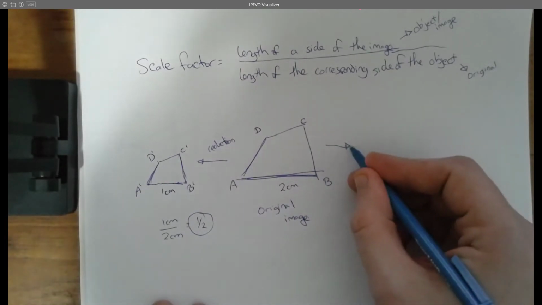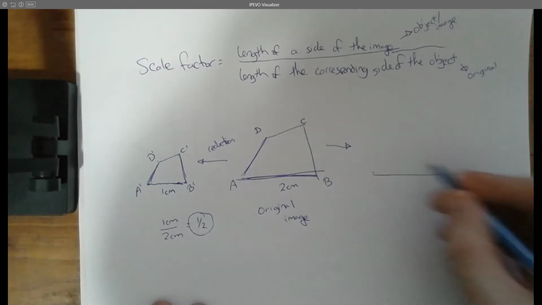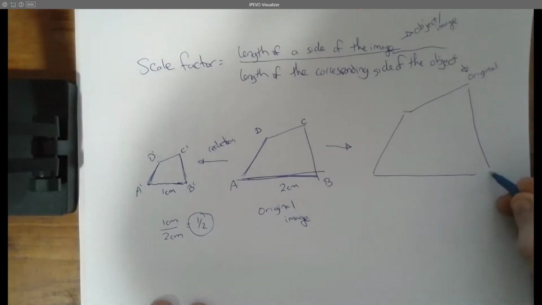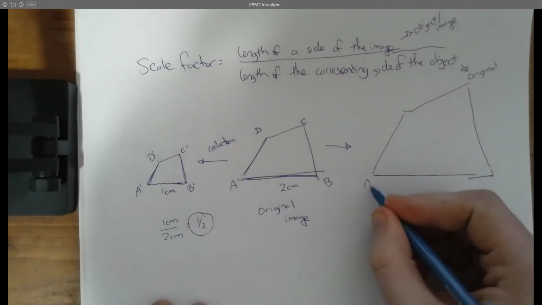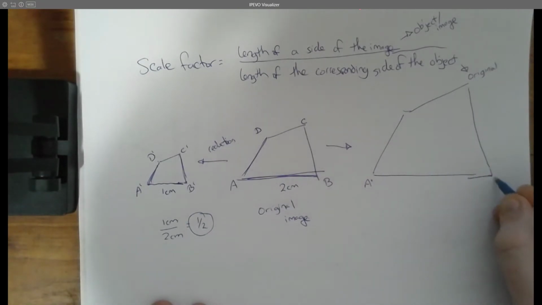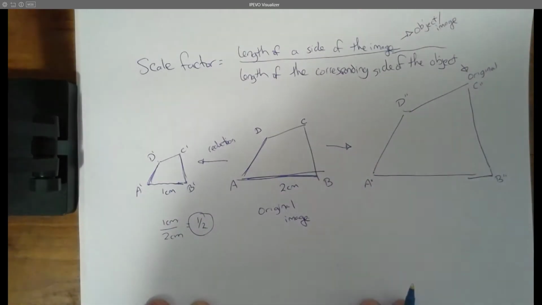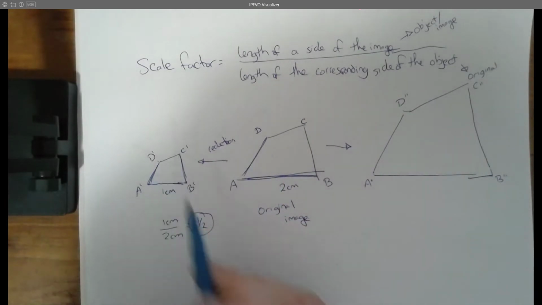I'm going to try drawing another shape. Again, I'm going to label this here. This time you'll notice that I'm putting 2 ticks by everything. That's to show that, again, they are corresponding angles, but it's in a different image. It's different from the original, different from this one here.